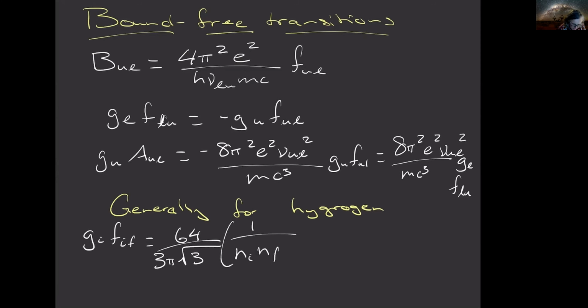It's the initial times the final cubed, the Gaunt oscillator strength. And you may recall our Gaunt factors from our free-free emission discussions. Well, instead of free-free, this is bound-free that we're going to be discussing here. And typically the Gaunt factor is approximately equal to 1.